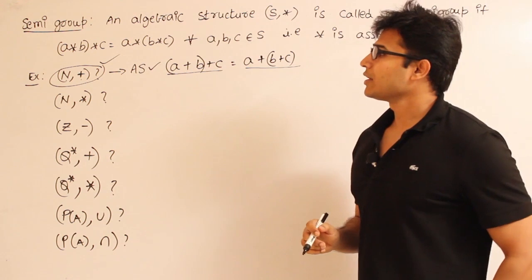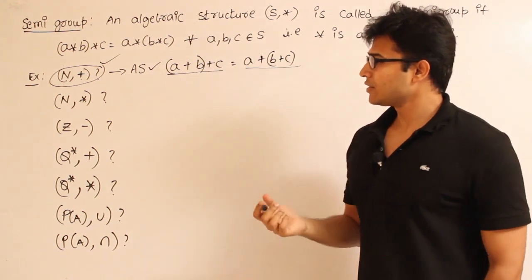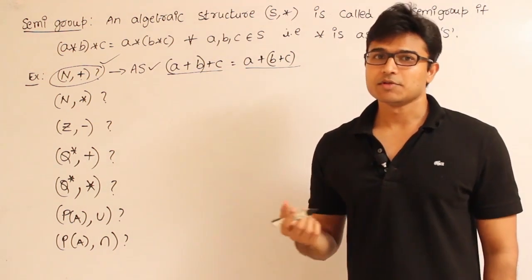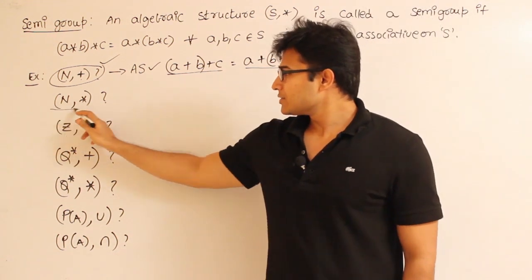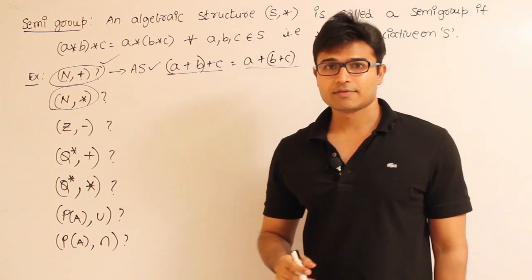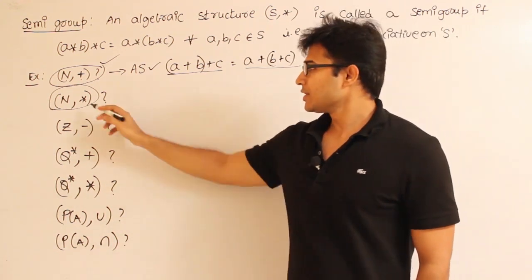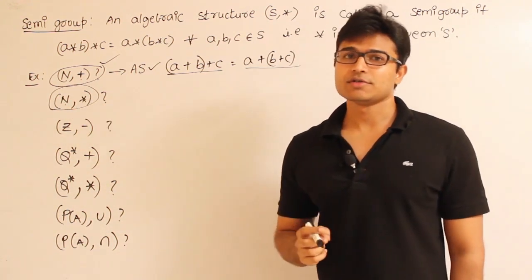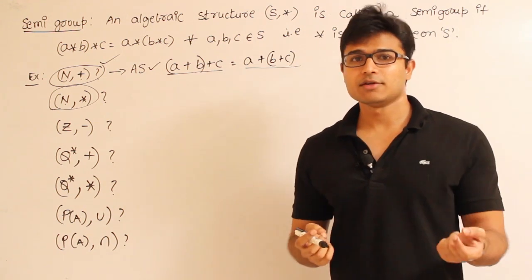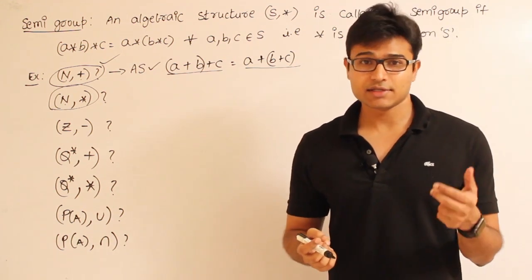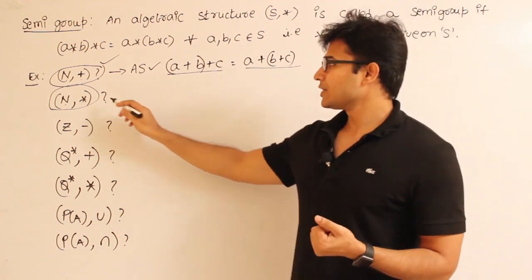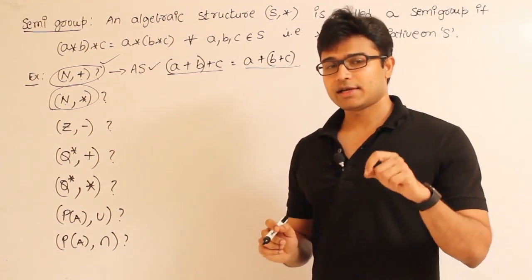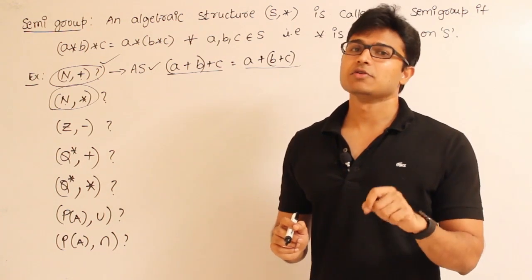Now what about the set of all natural numbers under the operation star, which means multiplication? Again, first of all, is it an algebraic structure? It is, because natural numbers are closed under multiplication. If you take any two natural numbers and multiply, the result is definitely a natural number. Now the second point you should verify is whether it is a semigroup.